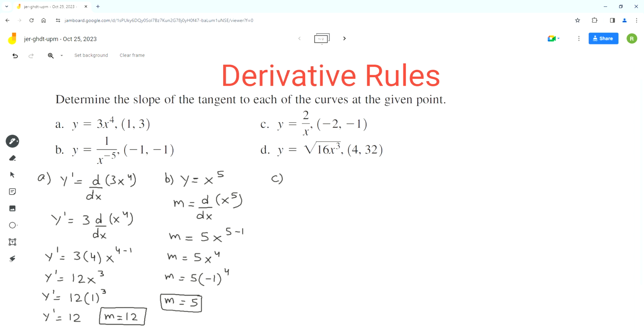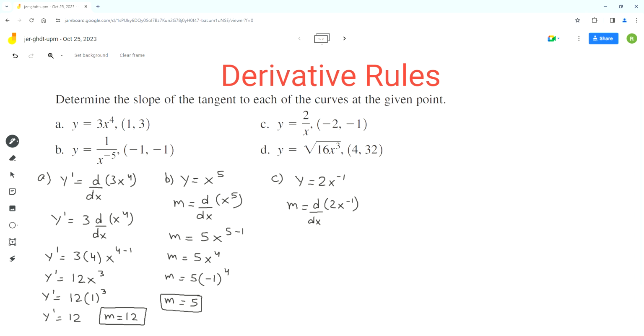So we'll rewrite this as y equals 2 times x to the power -1. And now we can find the derivative. So the derivative will represent the slope of the tangent. So m is the derivative of 2x to the power -1 over dx.